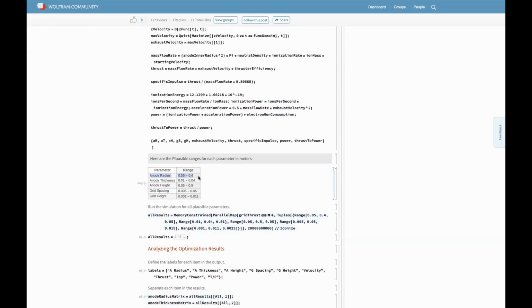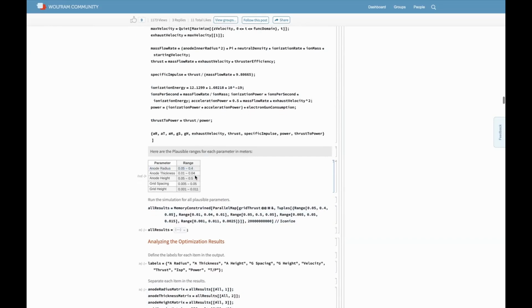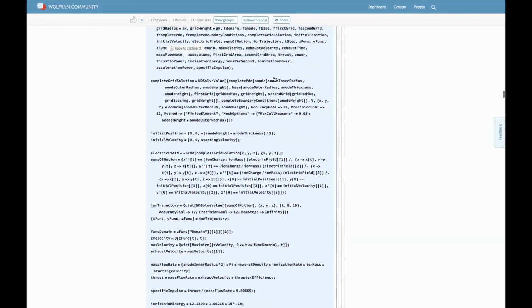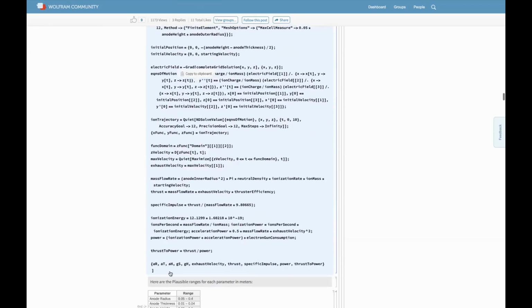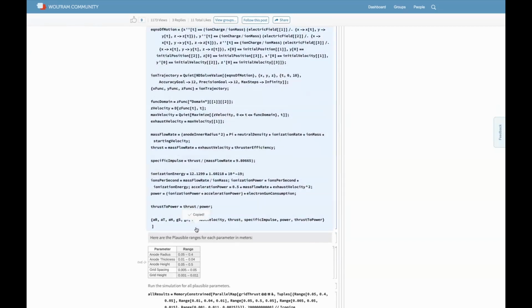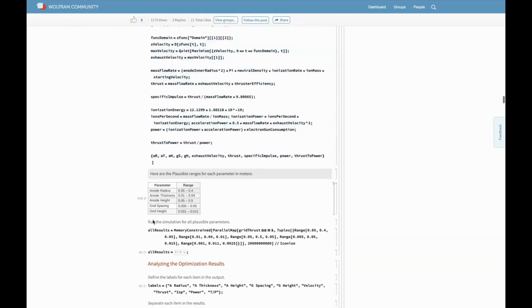You can see the anode radius is 0.05 to 0.4 meters; these are all plausible ranges. Like I said, I created a function that calculates the thrust to power consumption ratio from the parameters I inputted, and gives the exhaust velocity, thrust, specific impulse, power, and thrust to power ratio calculated from these specific parameters.